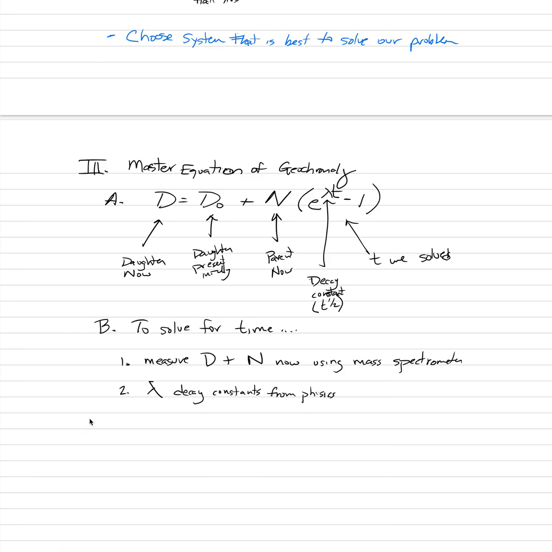That leaves us with only one last variable, and it is D naught. And D naught is a problem, and we'll write that down as a problem. Because how can we go back in time and figure out how much daughter was present initially? What the solution ends up being most of the time is that we assume it is 0.